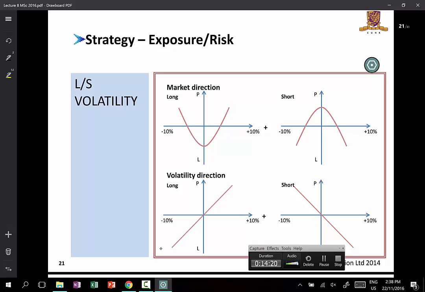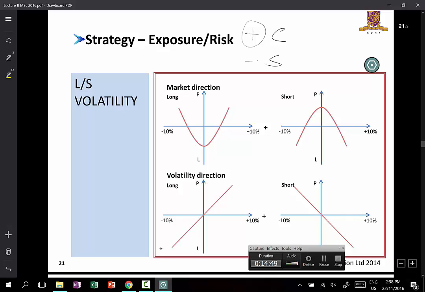If you are long or short volatility, that means if you are long, it's assuming that you are long. What does long volatility mean? It means you are long options. Doesn't matter put or call, just long options. Let's say you're long put, and you have a delta hedge.